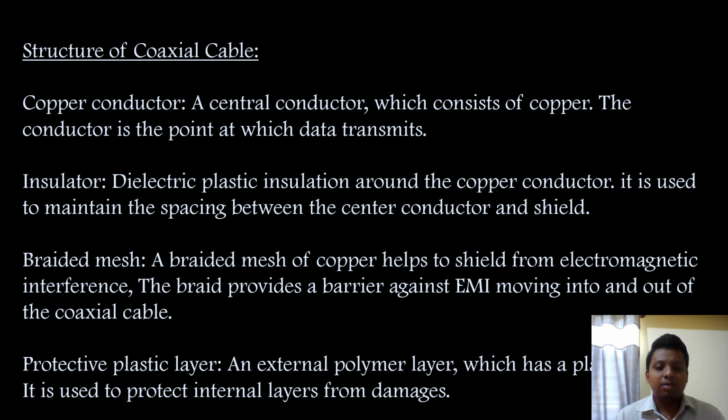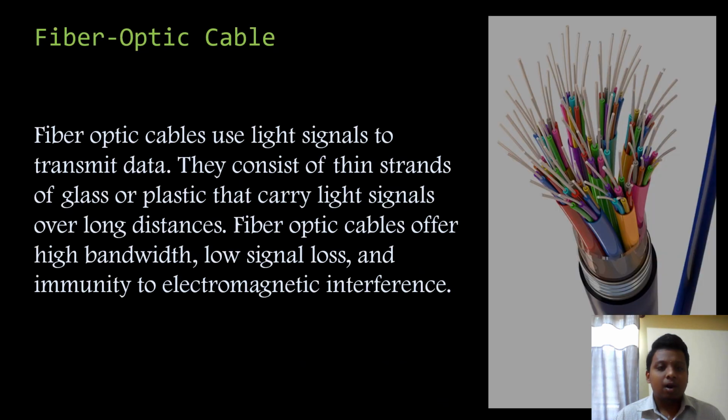This braid provides a barrier against EMI movements into and out of the coaxial cable. Protective plastic layer: an external polymer layer with a plastic coating is used to protect the cable from damage.